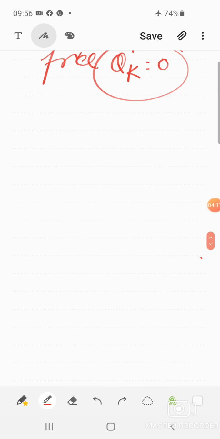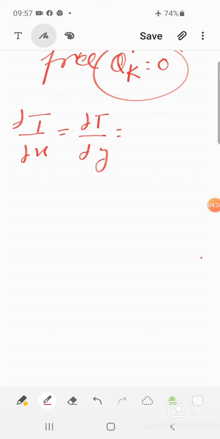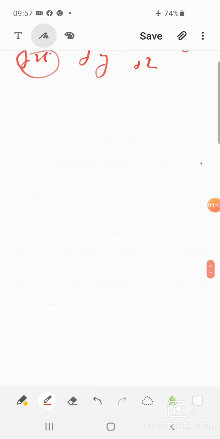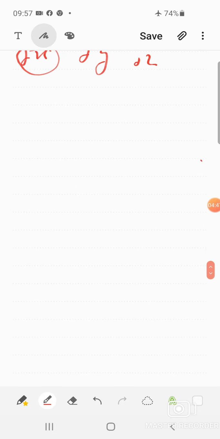Simply, we know that curl T by curl x will be equal to curl T by curl y, and will be equal to curl T by curl z, and will be equal to 0, as kinetic energy is not a function of the generalized coordinate, it is only a function of the generalized velocity. So the derivative with respect to the generalized coordinates will be simply 0.